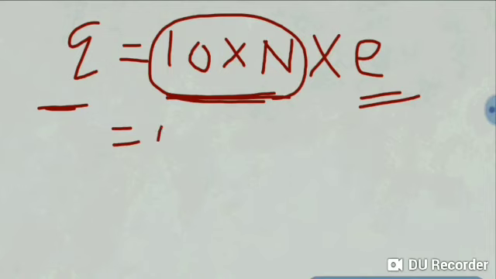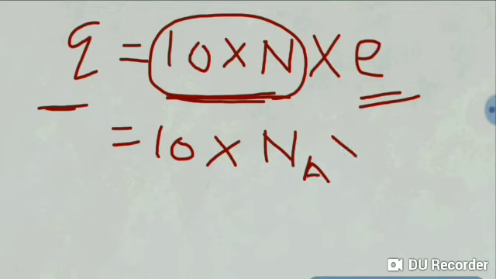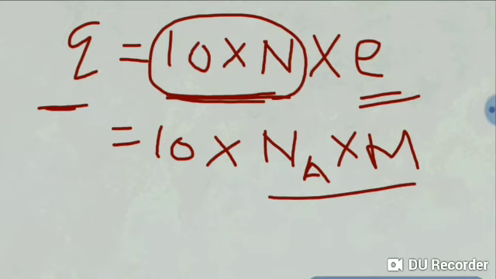Now 10 into, from equation 1, N means it is Na, Avogadro's number, into M, capital M, means it is the total mass of 1 cup of water, upon small m, means it is molecular mass, that was 18 gram, into charge of an electron or a proton, that is e, 1.6 into 10 raised to minus 19 coulomb.